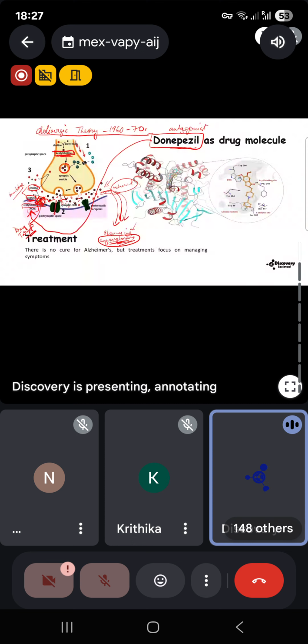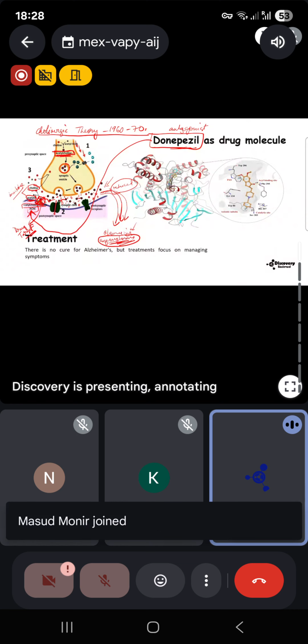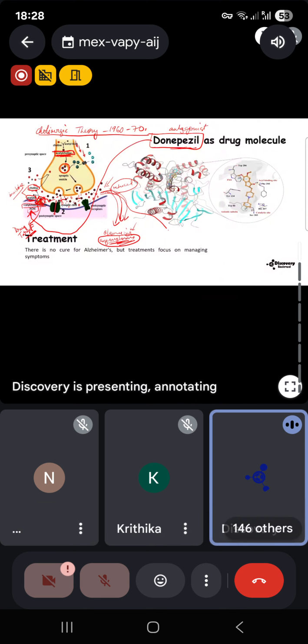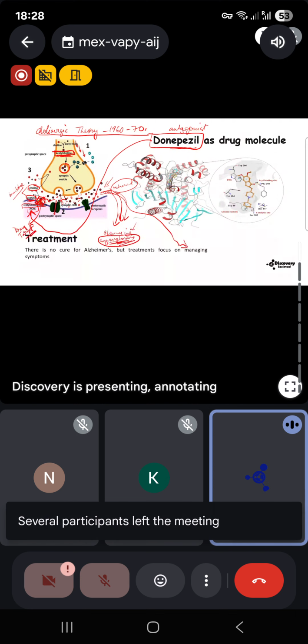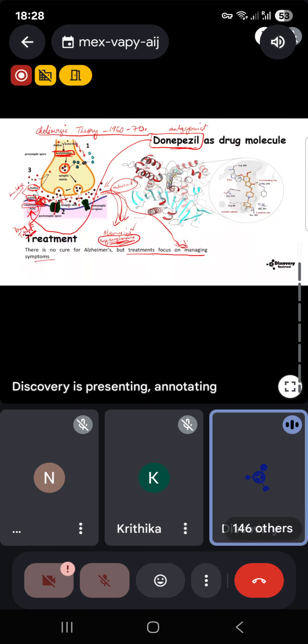Once the function of this enzyme is inhibited, it manipulates the biological process. That means the neurotransmitter level is maintained in the synaptic cleft, and that is how it is used to manage the symptoms of the Alzheimer patient.